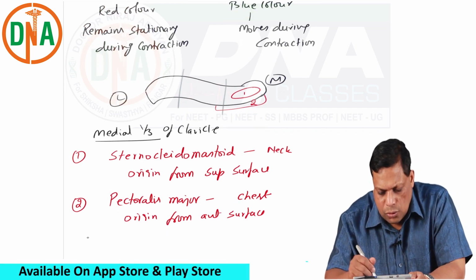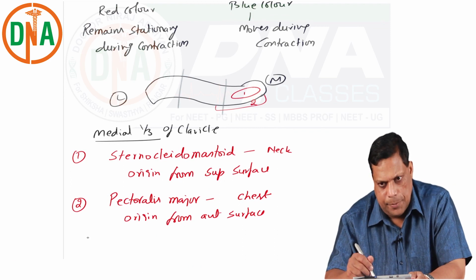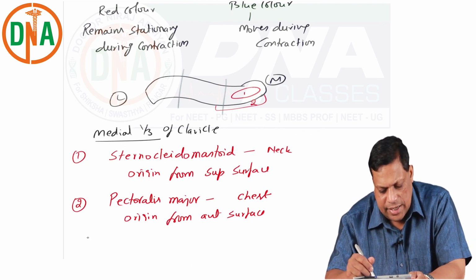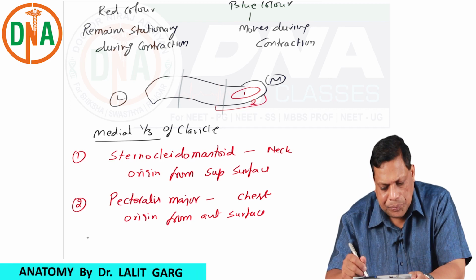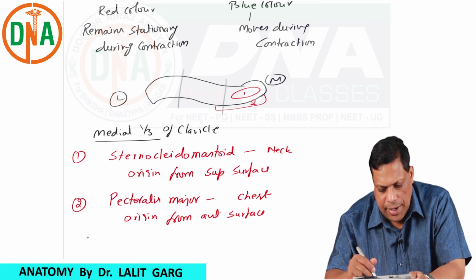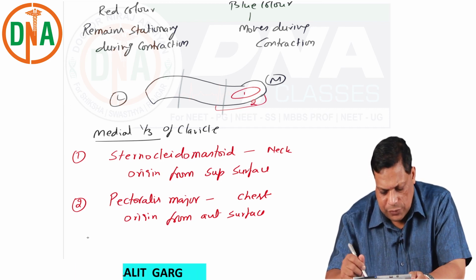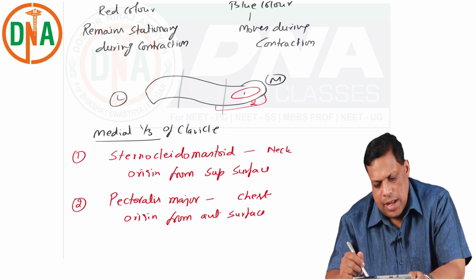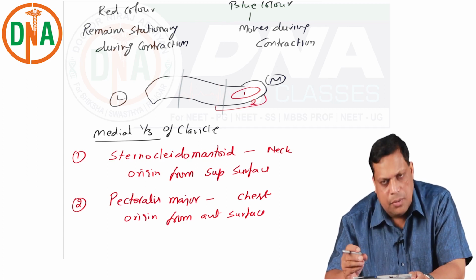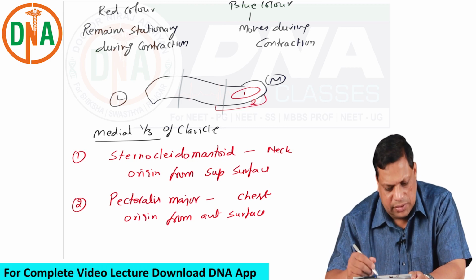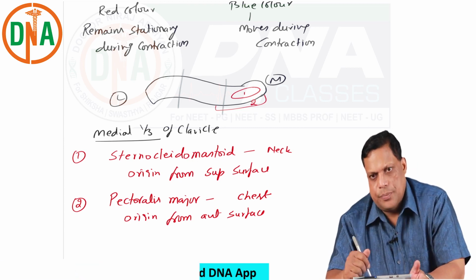This muscle also reaches towards the middle 1/3, or we can say the anterior half. The anterior surface of the medial 1/3 plus the anterior surface of the middle 1/3 half gives origin to pectoralis major.